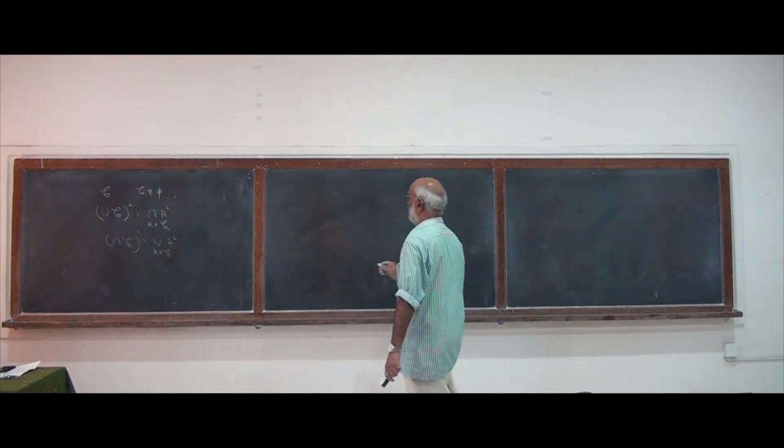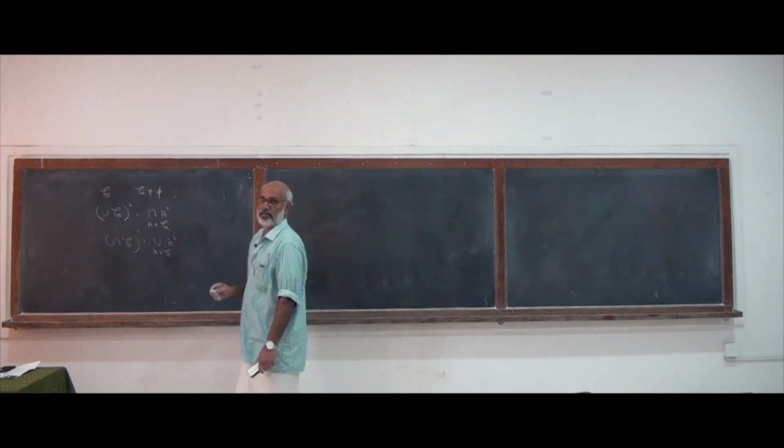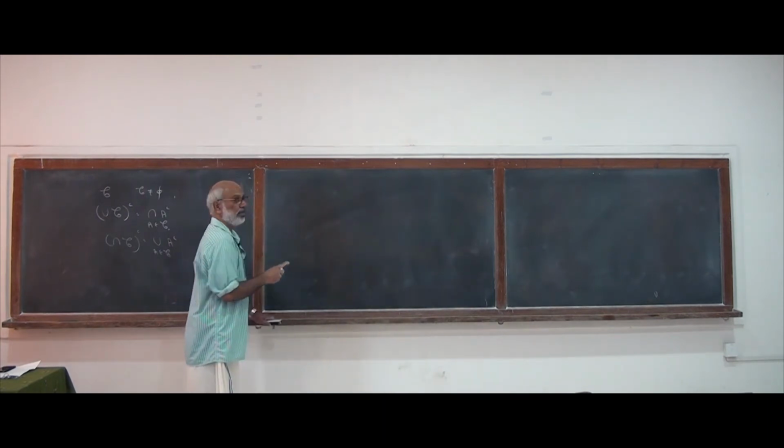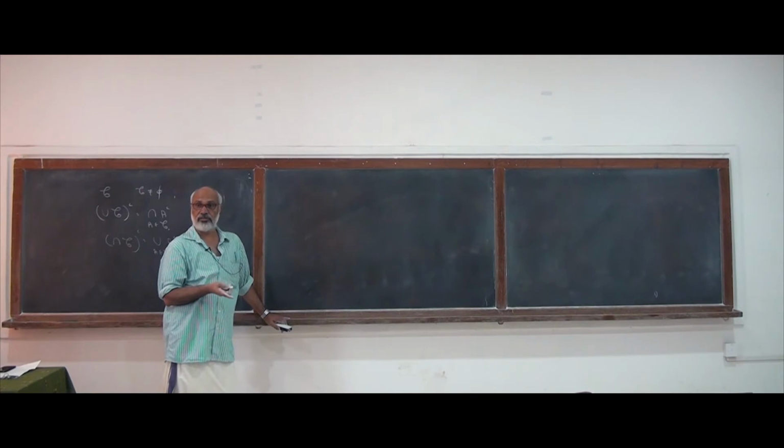In the function, I said the image of a union is the union of the images. That can also be stated for an arbitrary collection.